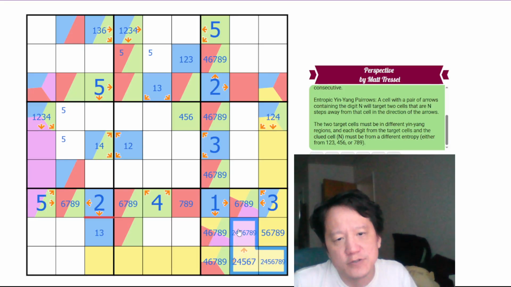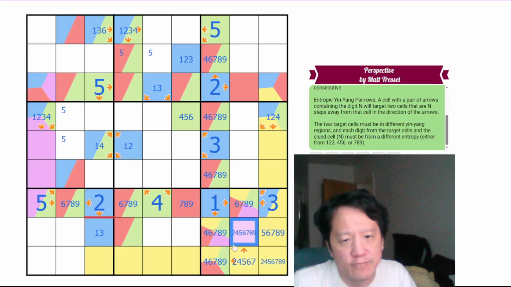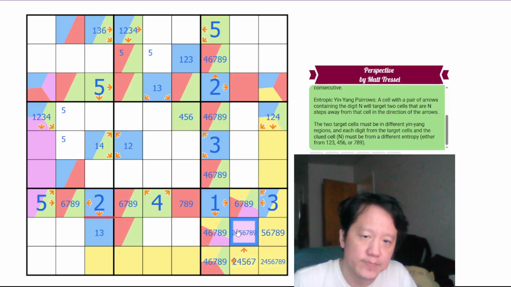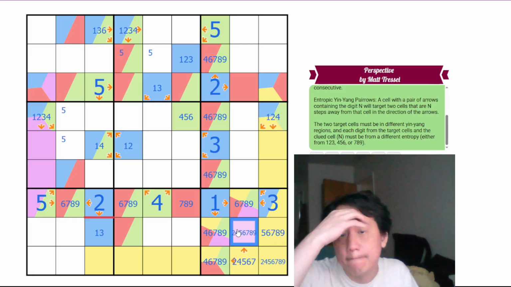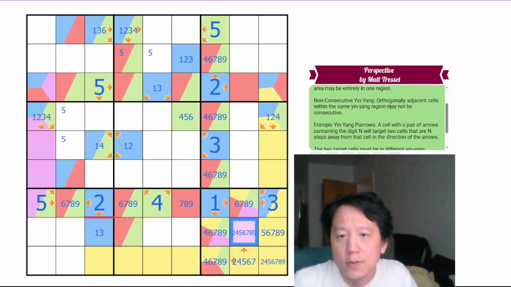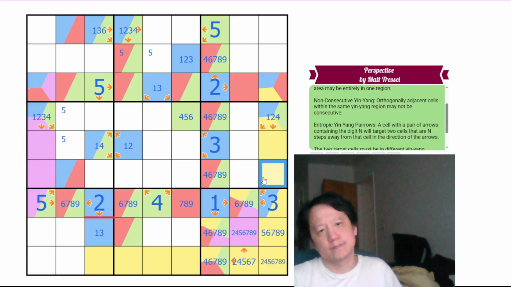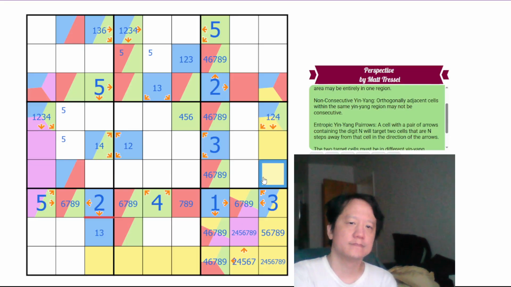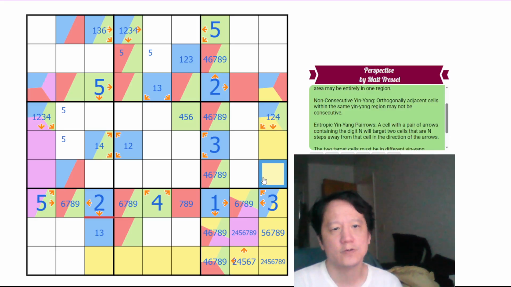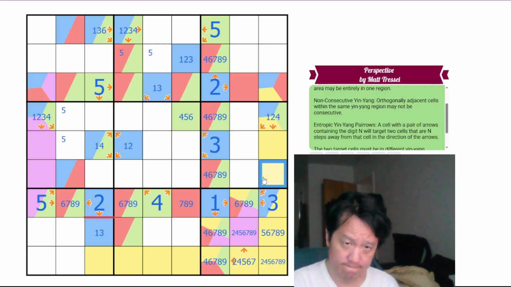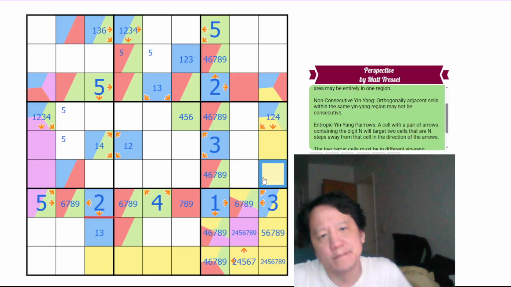So 2 has to be one of these 3. 5 is one of these 4. No 2 or 4 here. Oh, interesting.